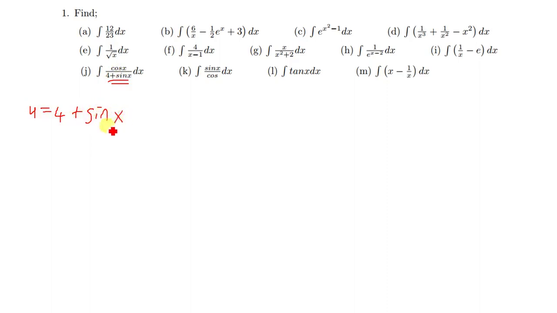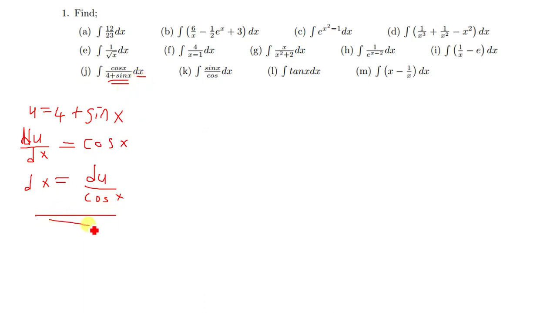So du/dx will be equal to the derivative of a constant, which is 0, plus the derivative of sine x, which is cos x. When you make dx the subject, you're going to have du over cos x.